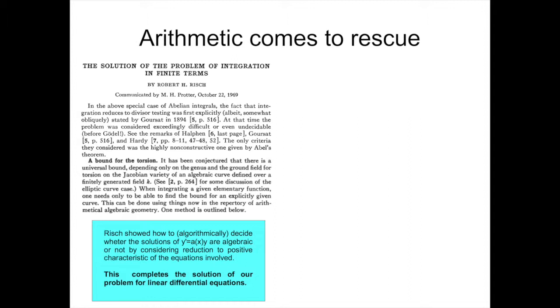So reduction to positive characteristic of this degree 0 divisor, and then in positive characteristic over a finite field, degree 0 divisors have finite orders. So he does two different reductions, gets two finite orders, takes the least common multiple, which is an a priori bound in characteristic 0, and then you can solve the problem.